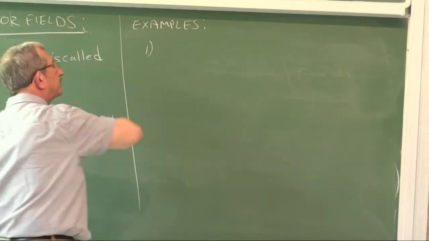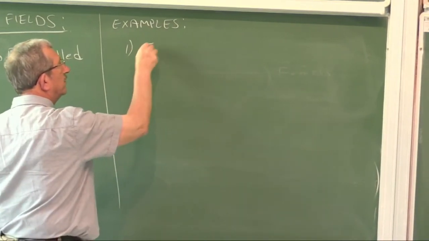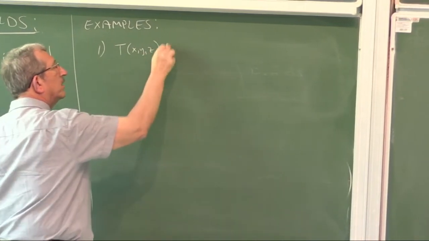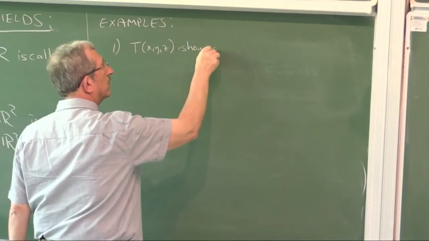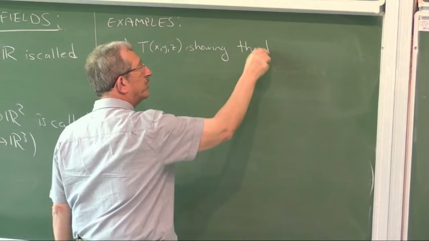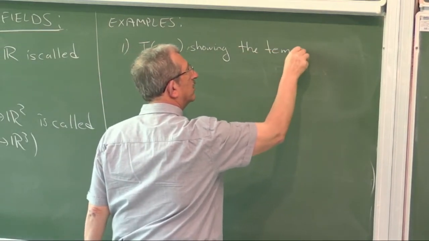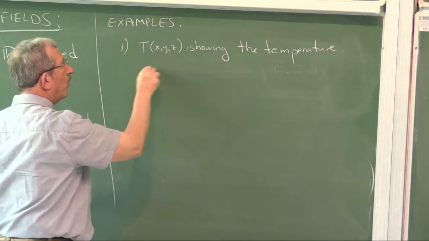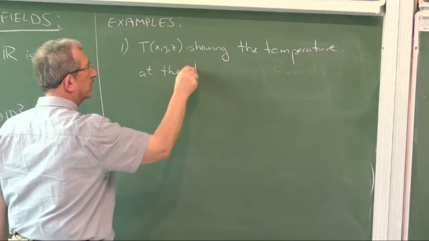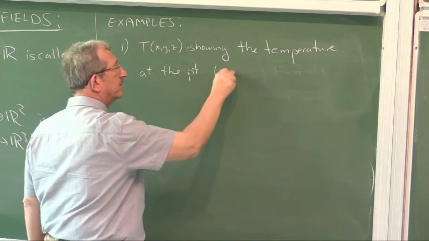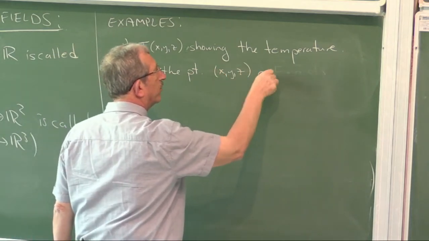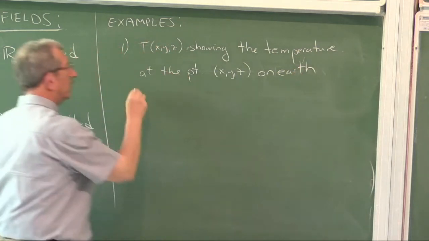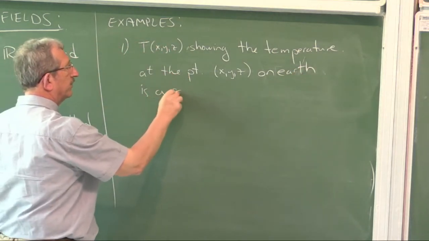Now, T of X, Y, Z, showing the temperature at the point X, Y, Z, say on Earth, is a scalar field.